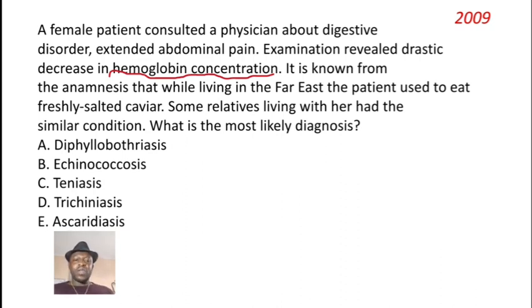This parasite is usually found in fish, and the parasite is known as Diphyllobothrium latum, right? And the disease is Diphyllobothriasis. So Diphyllobothriasis is your answer.